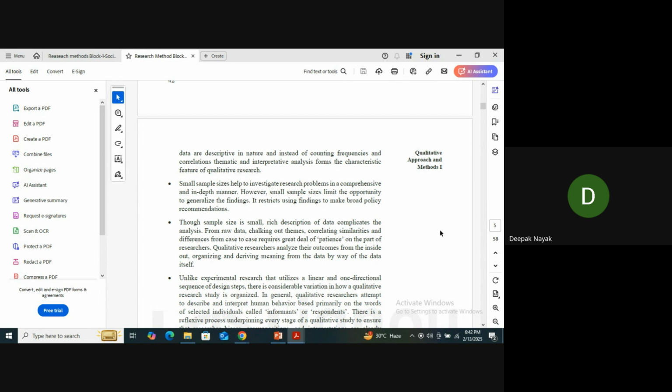That can be taken as a sample in a qualitative study. And you need rich description of data. Otherwise it complicates your research.